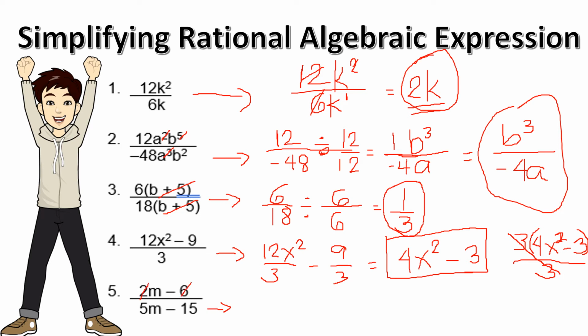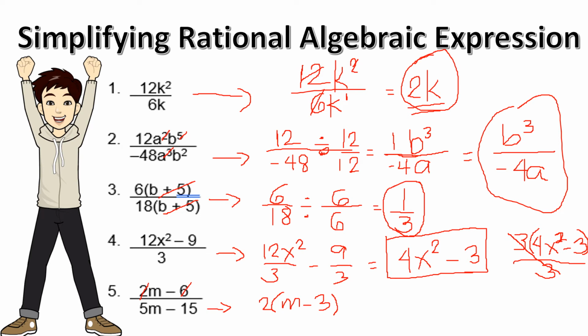Common factor ng 2 and 6 is 2, then times, we have m minus 3. So, ito yung factor ng 2 and 6. So, divisible siya by 2. Ang 2 at saka 6 kaya i-divide ng 2.